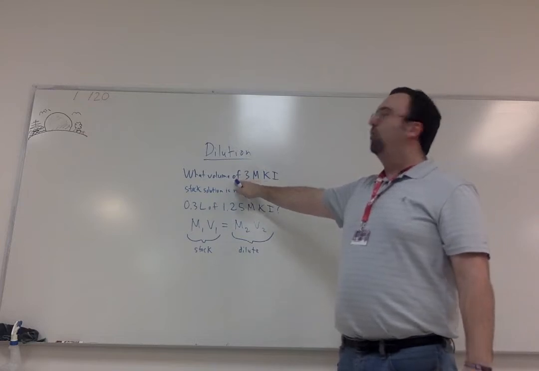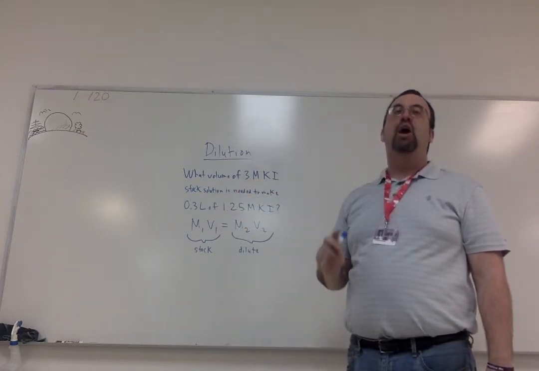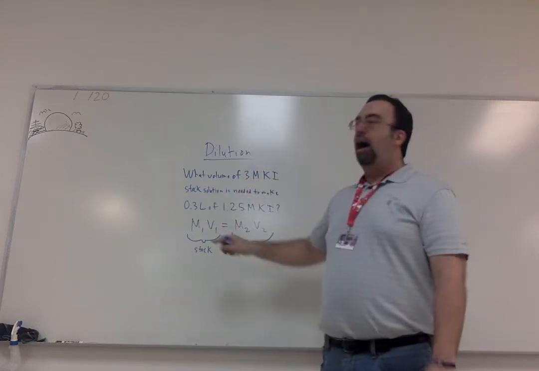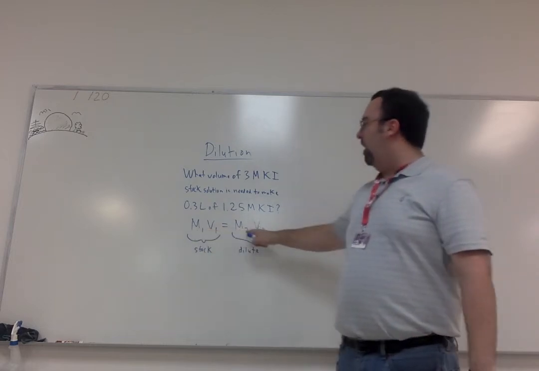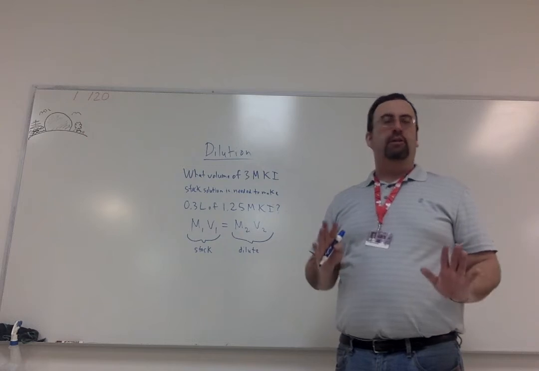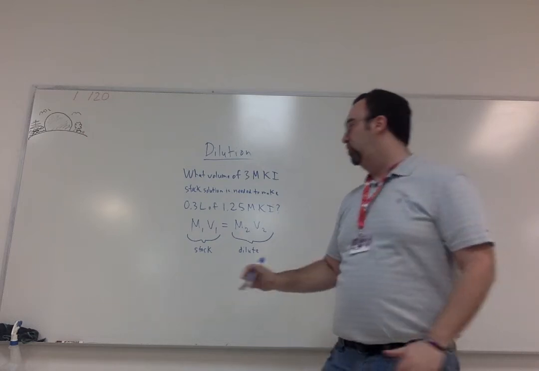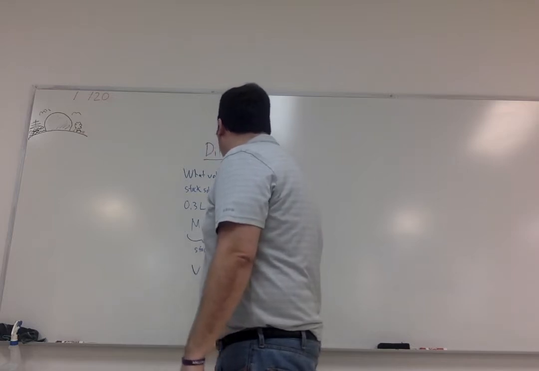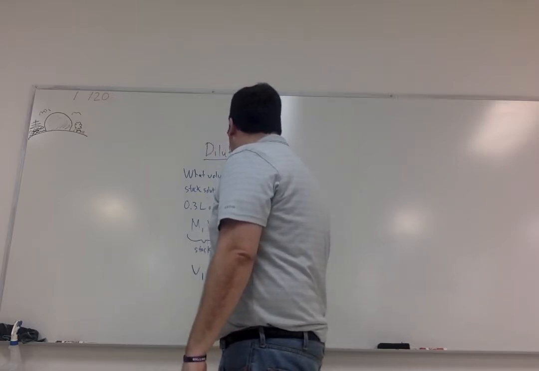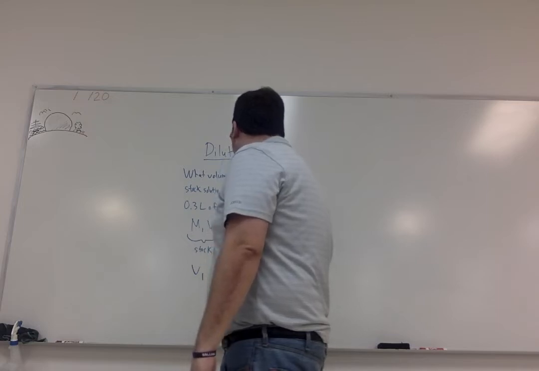So what we're looking for in this problem is V1. And so I'm going to make it a little easier on myself. I'm going to move the M1 to the other side by dividing both sides by M1. And so I can rewrite this as V1 equals M2 V2 over M1.